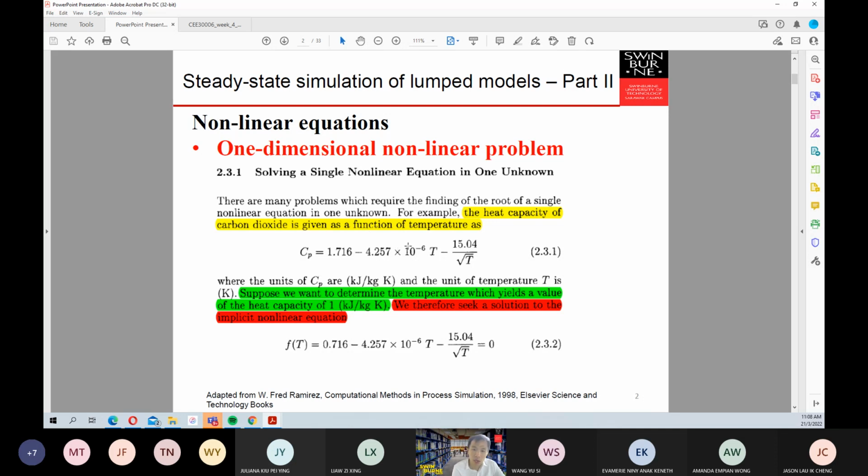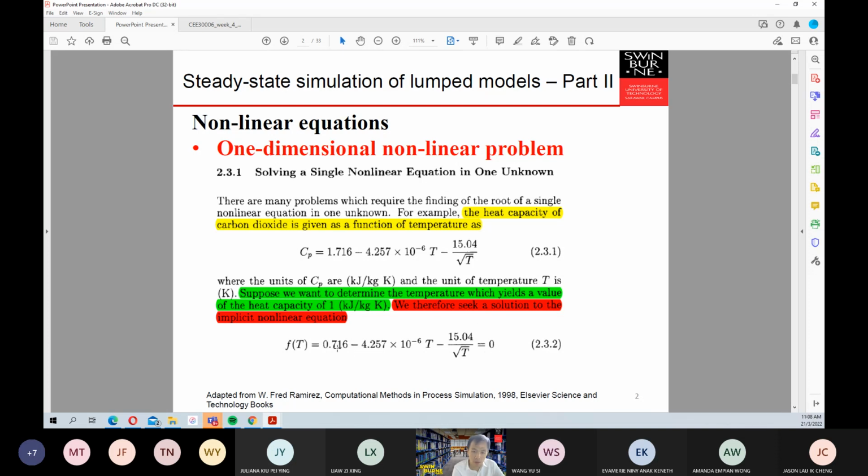For example, if you are asked to find the value of the temperature at which the heat capacity will be equal to 1 kilojoule per kilogram Kelvin, then essentially you substitute the Cp in here, and then you do mathematical manipulation. Then you know that we have the same problem statement of getting the value of the T that makes this f(T) equal to 0.